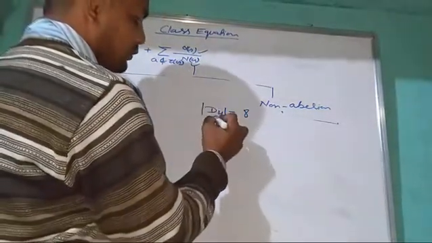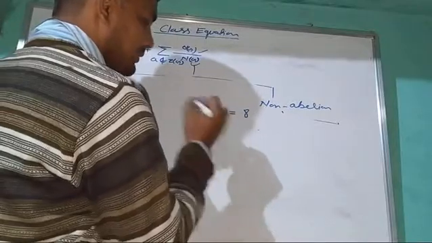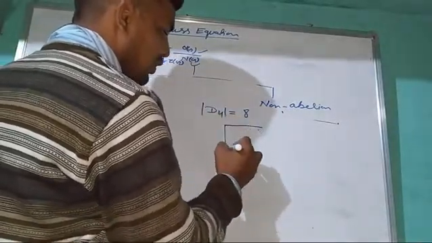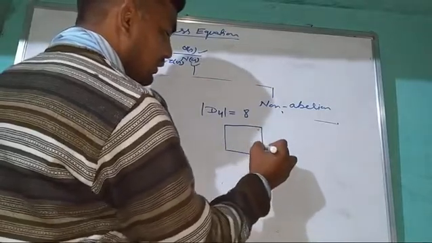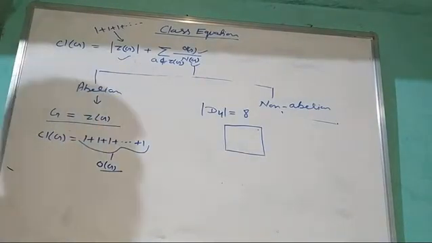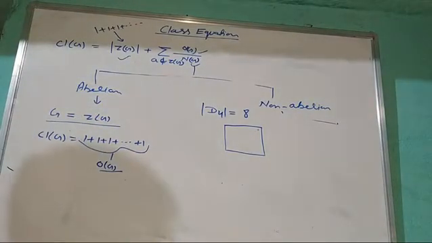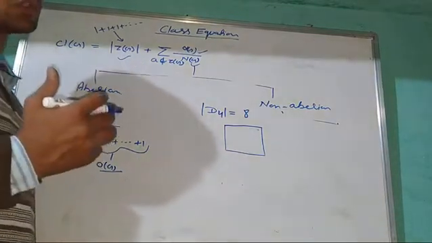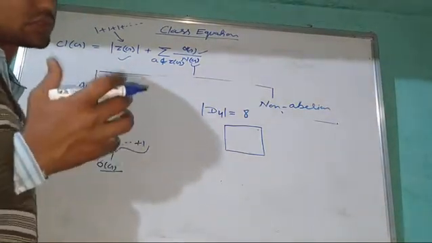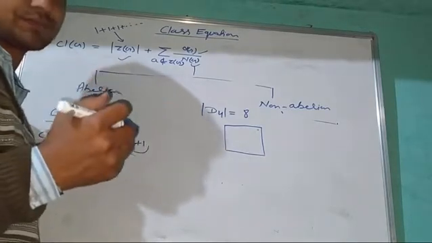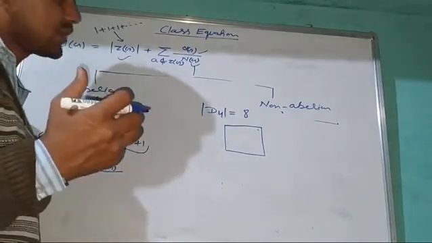Suppose D4 is the group of rotations of a square.